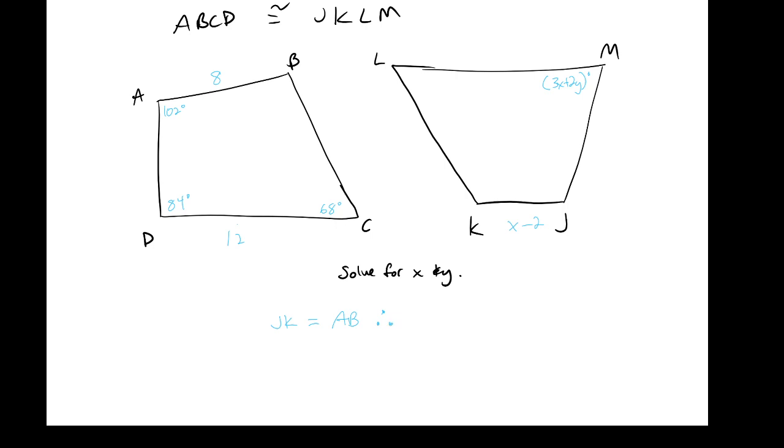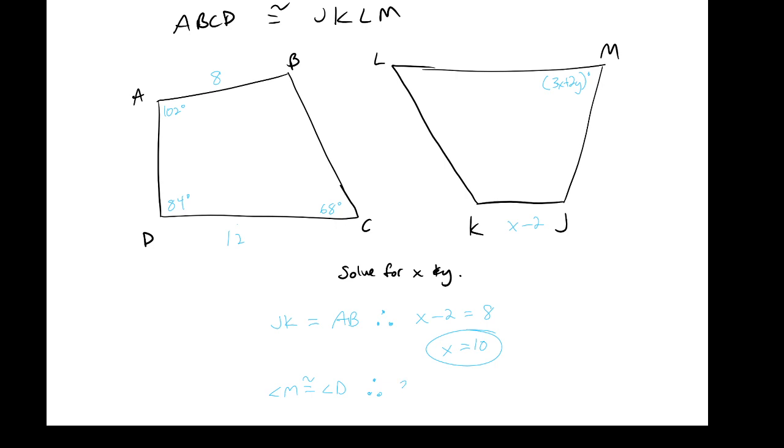Therefore, JK, which is x minus 2, is equal to 8. So we can solve for x, which is equal to 10. That's pretty straightforward. Now, again, what we had just discussed, we have angle M, right, which is equal to, or congruent to, angle D. It's the last vertex listed.